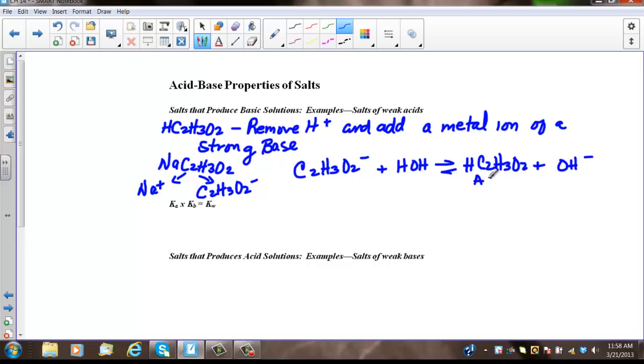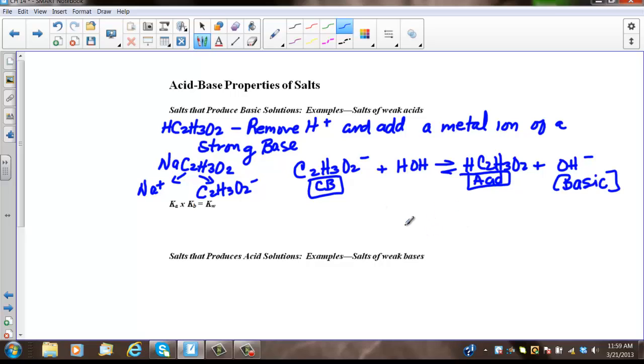So this is my acid, and this is its conjugate base. So acid, conjugate base. And then I have my OH minus in solution, which means that this is going to be a basic solution.